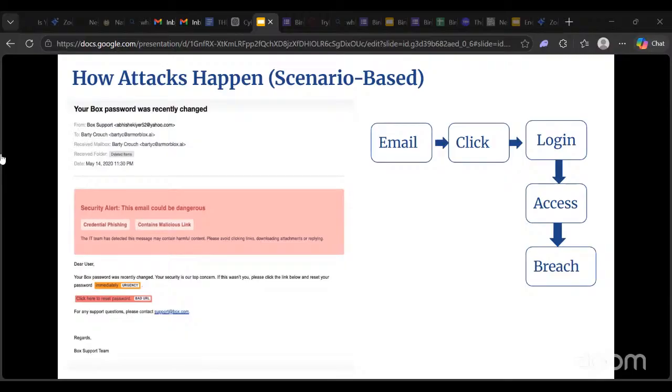Now, to make it a little bit more interactive, what do you think? At what point do you think that the individual should have stopped? Please, can anyone answer that?